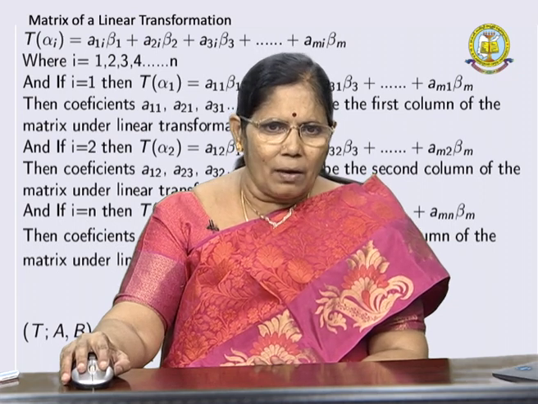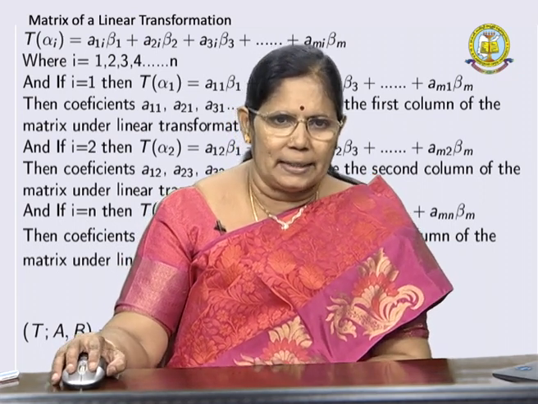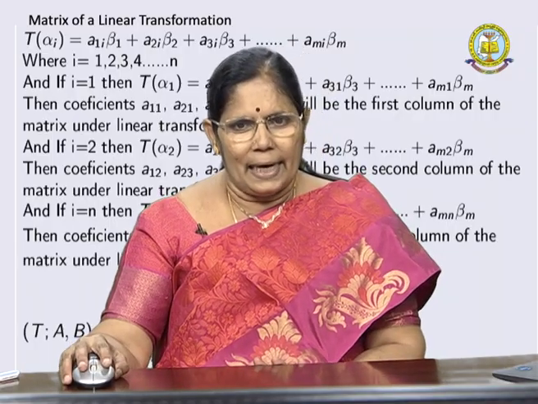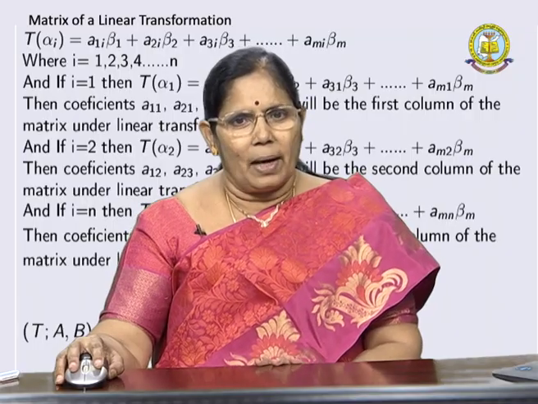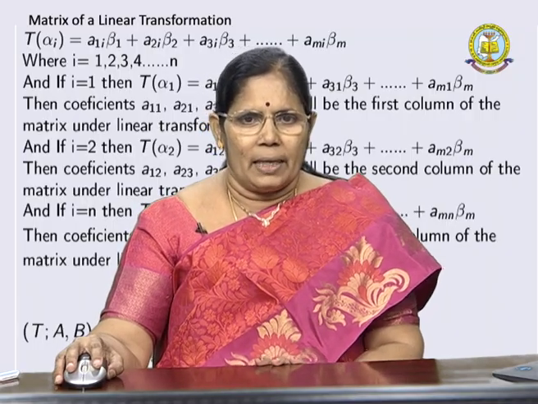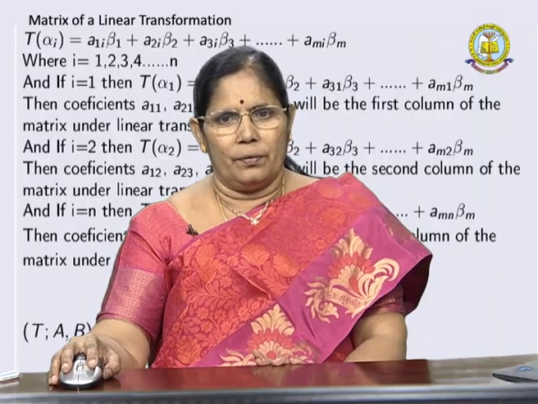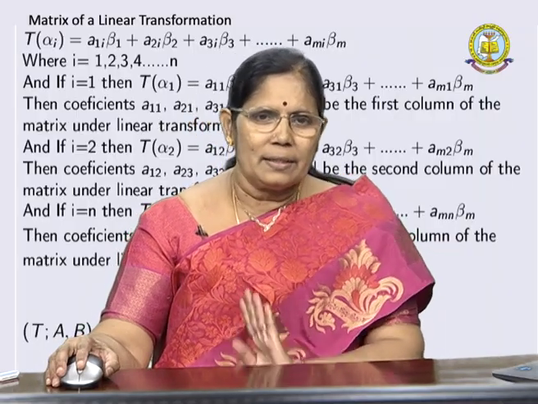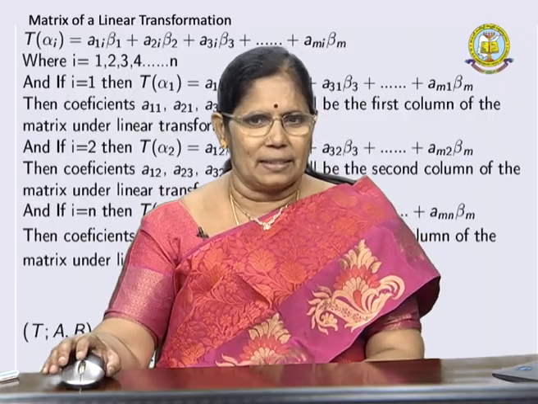The matrix of the linear transformation T is equal to a_ij, m by n, where T of alpha j is sigma i equal to 1 to m, a_ij beta i, for j equal to 1 to n. Students, I hope the definition of the matrix of a linear transformation is clear to you.